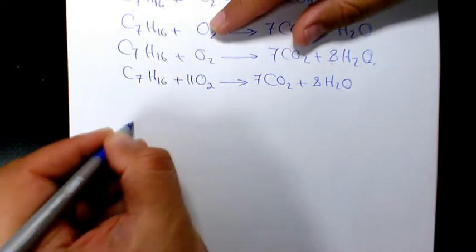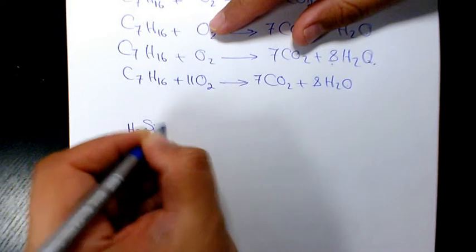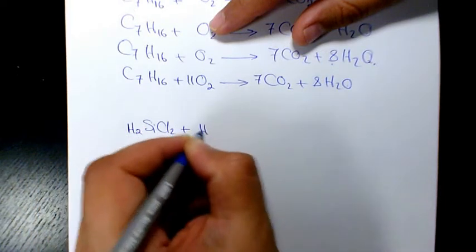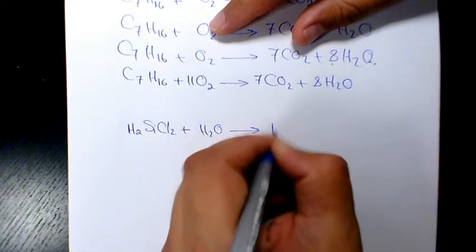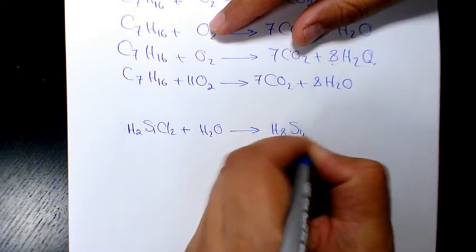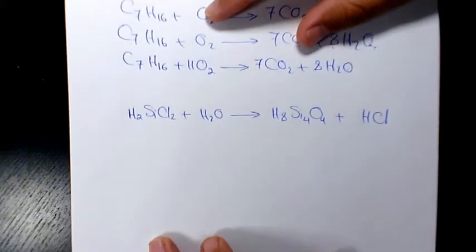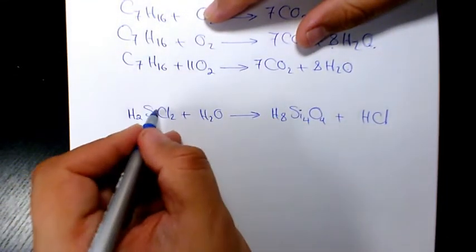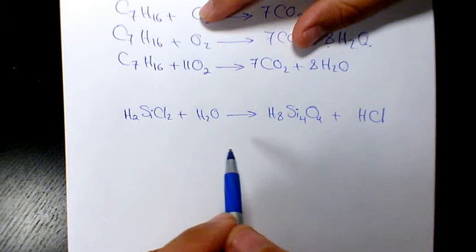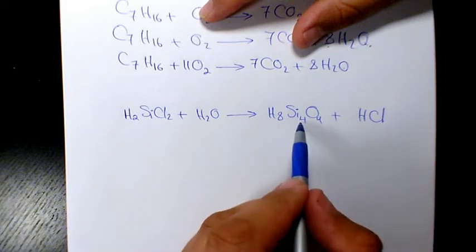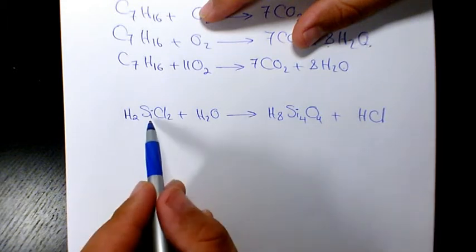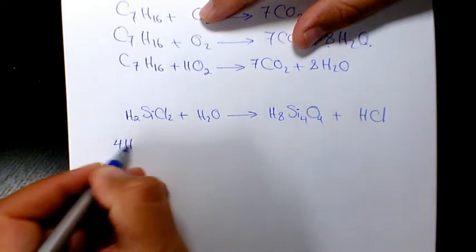Next one, H2SiCl2 plus H2O gives us H8Si4O4 plus HCl. So we have 4 Si and we have 1 in here, so I need to place 4 there.